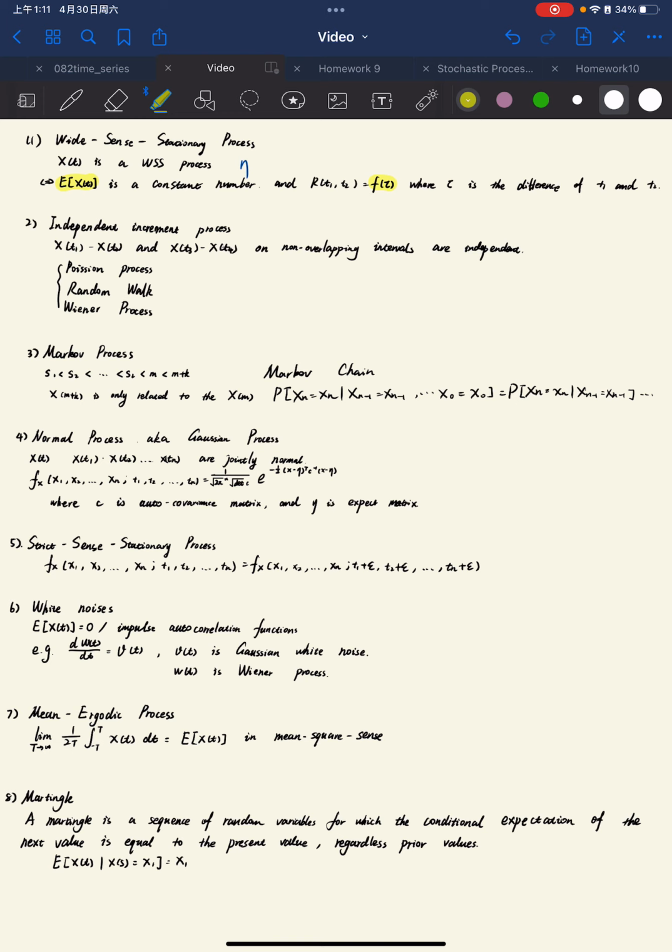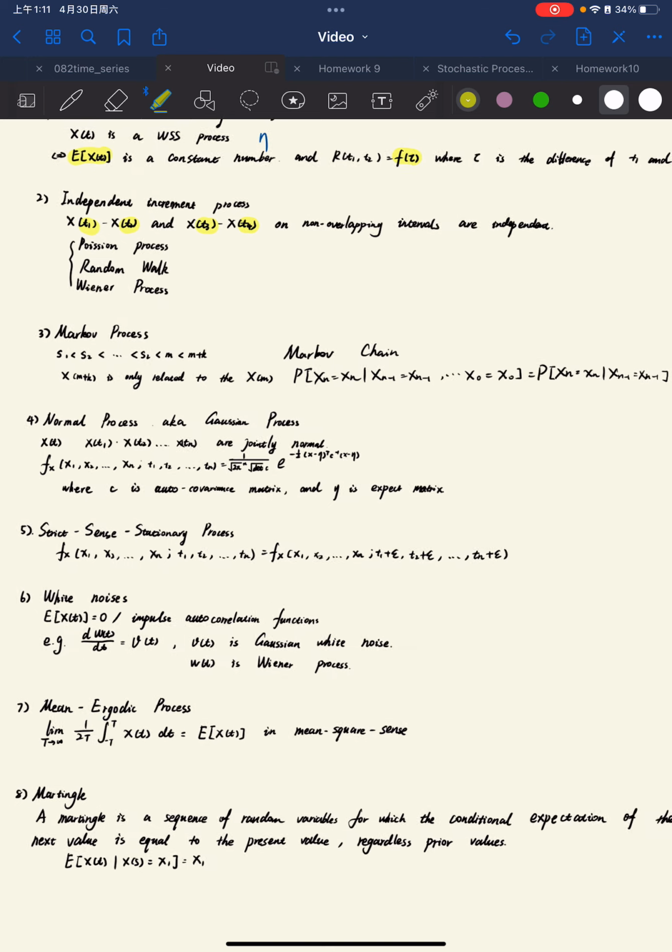And the second one, the independent increment process. It means that for different time intervals, T1 and T2, and T3 and T4, if the process differences on these times show increments, and these two times are on non-overlapping intervals, that means the increments are independent, and this can be called the independent increment process.